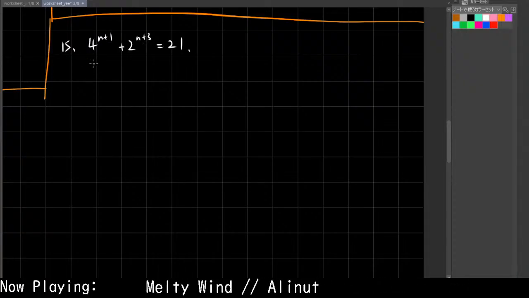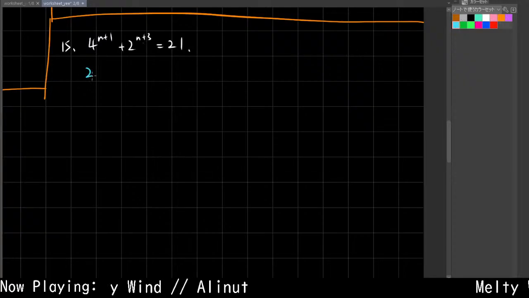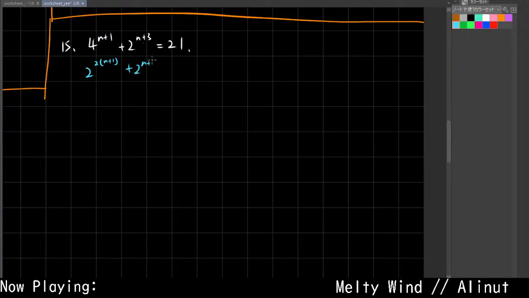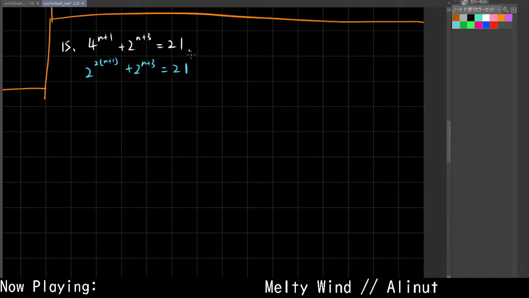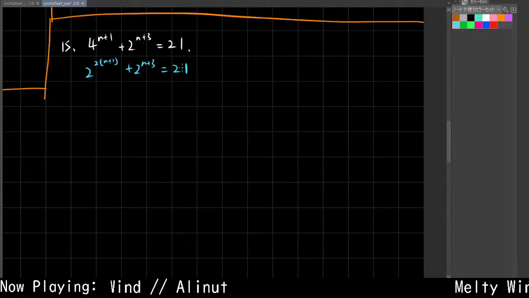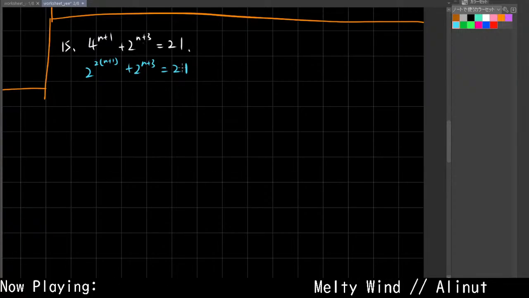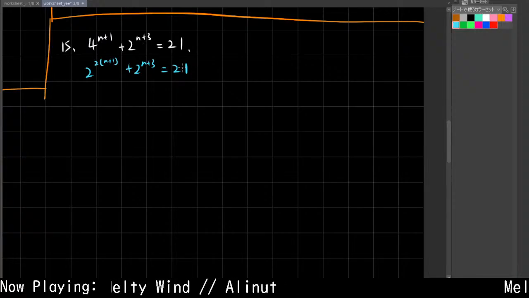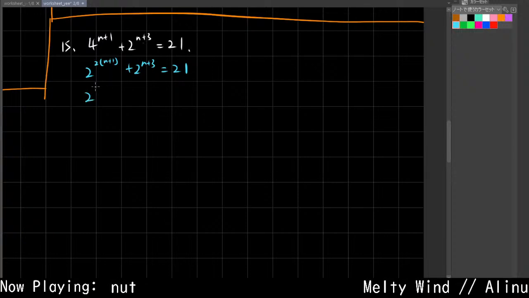So you look at this. Before, I convert the 2 square, so I will get 2 power 2 like that. The power 2 is up there, so it will multiply with the m plus 1 over there for the first term. Then you multiply inside.